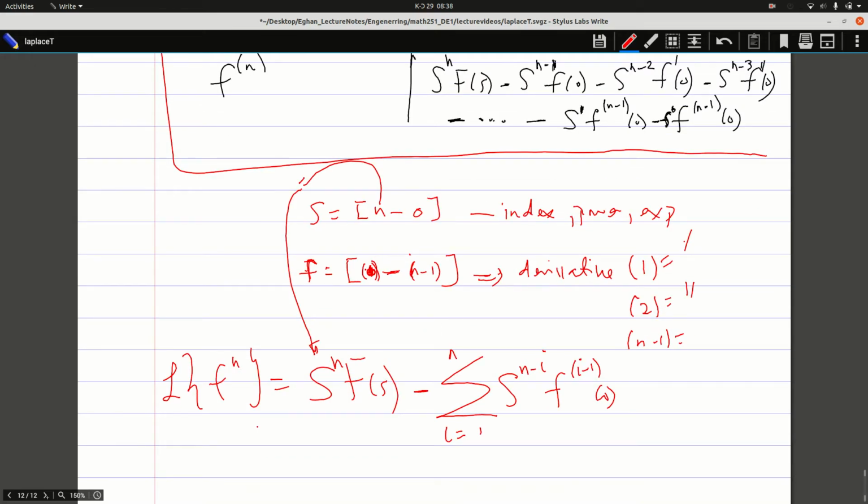This recurrence formula should just help you. So I'll label that equation star star, and you can verify it.